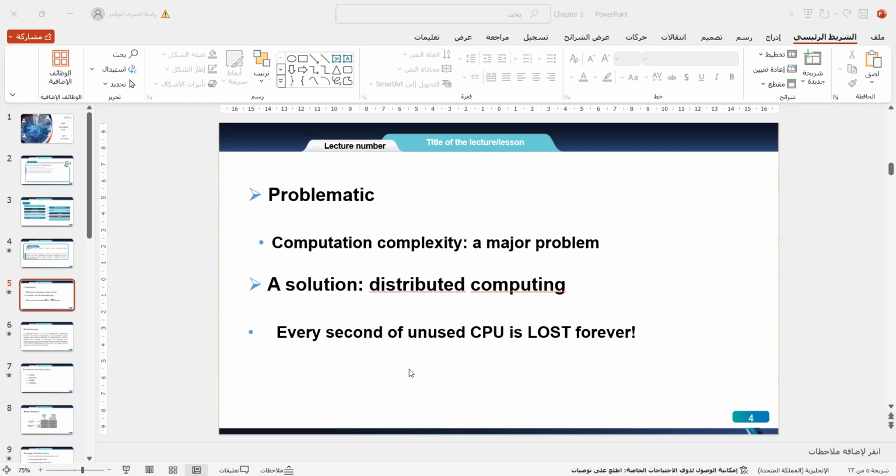The third element is software. Control software plays a crucial role in managing and coordinating tasks across the grid.